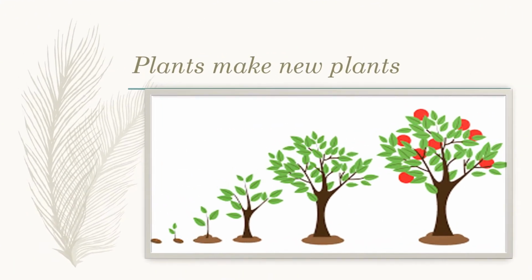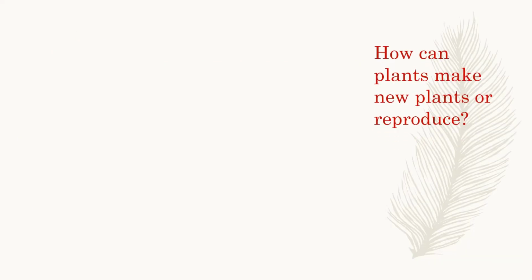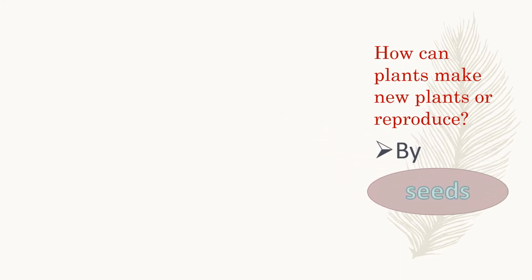Now come back to our lesson title, Plants Make New Plants. Okay, teacher, how can this big tree make a small plant again? Well, the question now, how can plants make new plants or reproduce? By something called seeds.